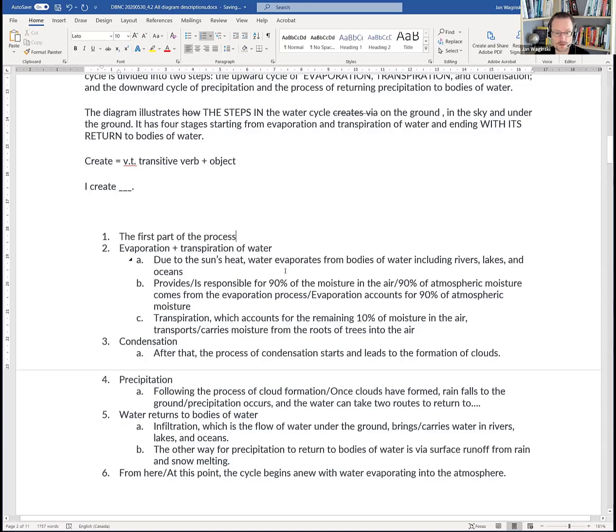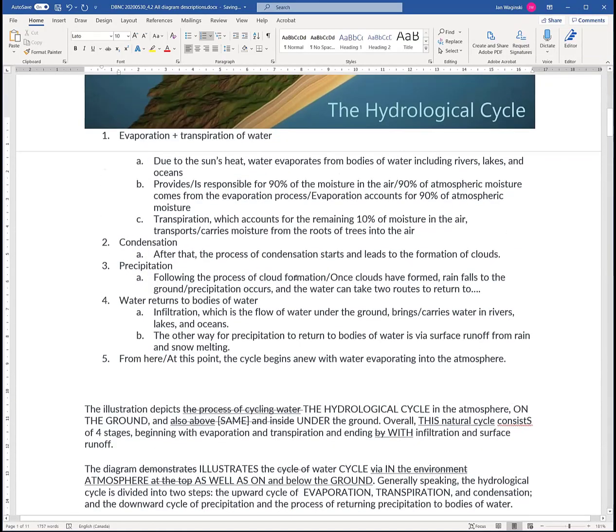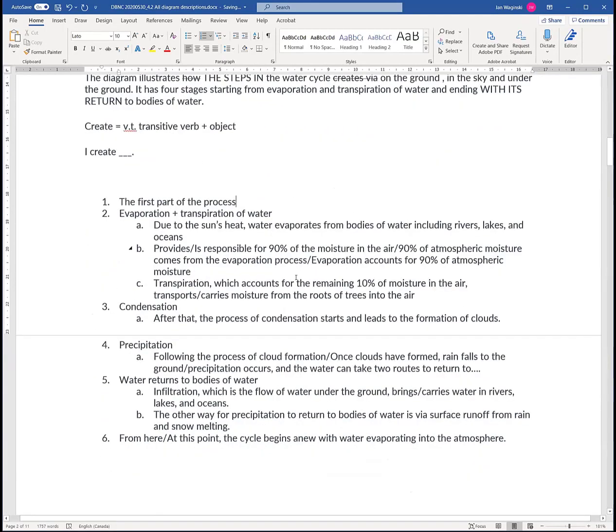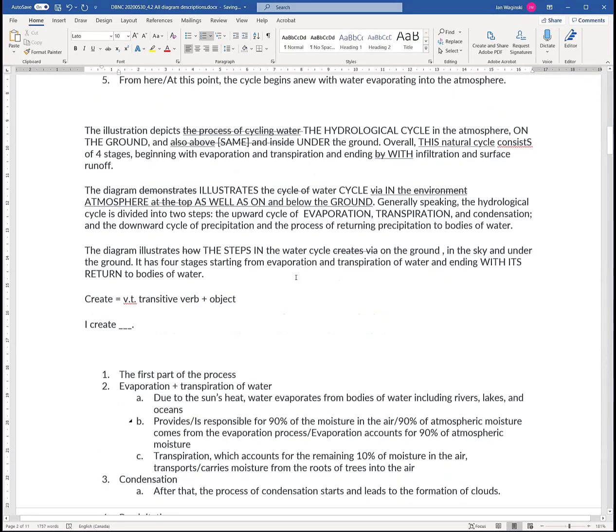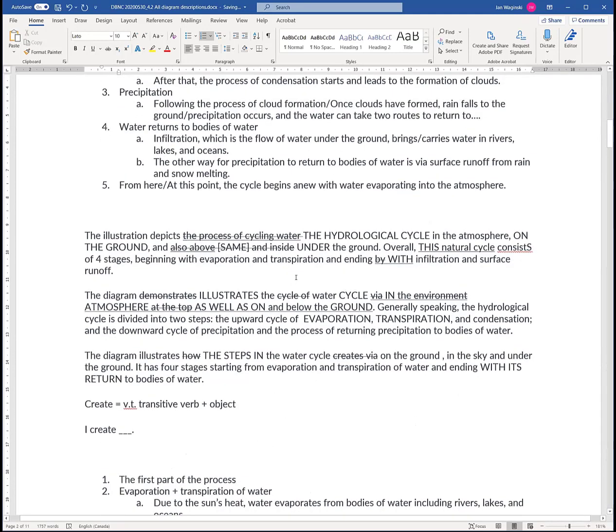Because we said there are 4 parts, right? The first part of the process is evaporation, transpiration, and condensation. Or maybe you can write to begin with evaporation and transpiration, and then in the middle of the paragraph we will.